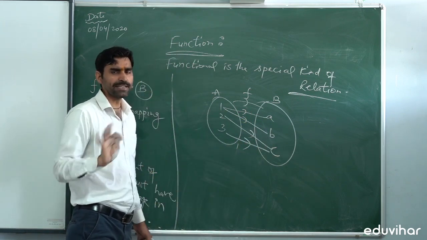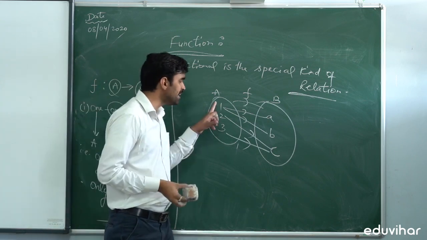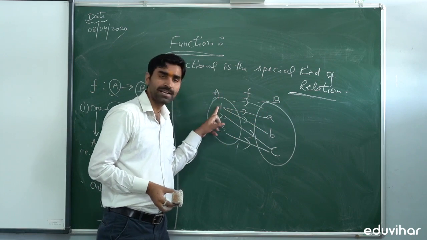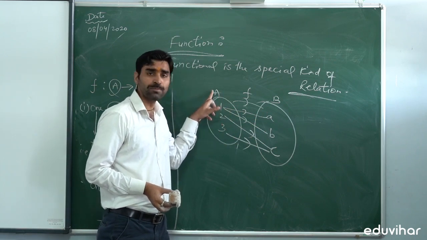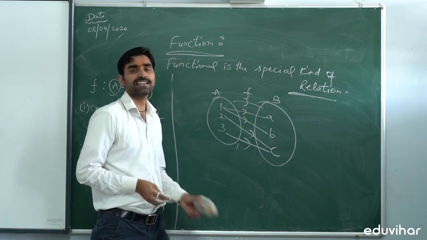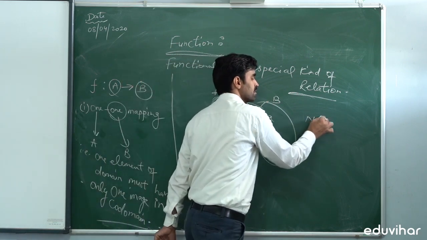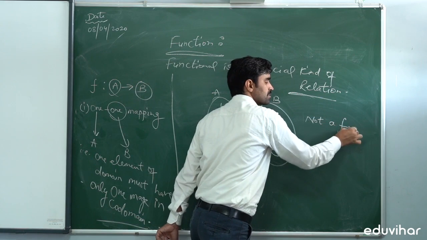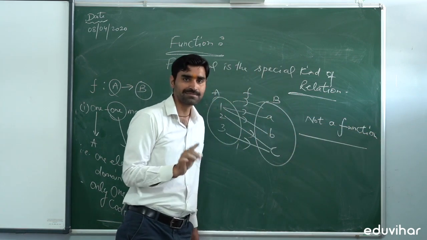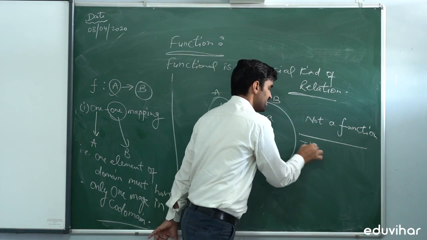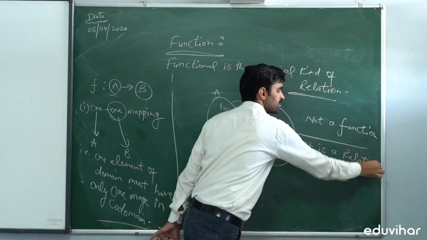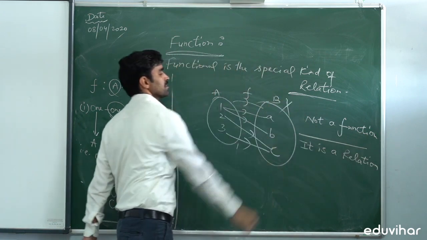No, it is not a function, because element 1, which belongs to the domain, has two images in the codomain. It is a relation but not a function.